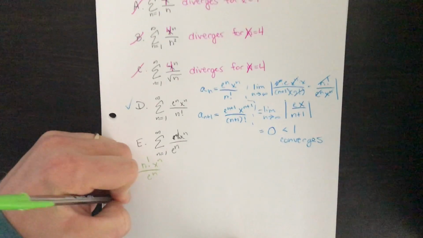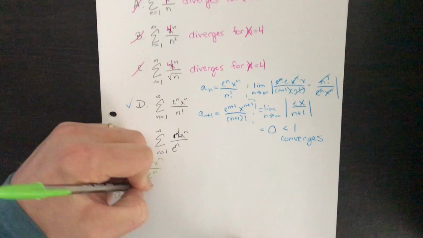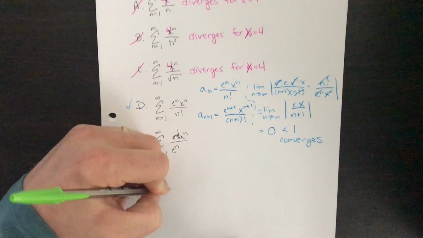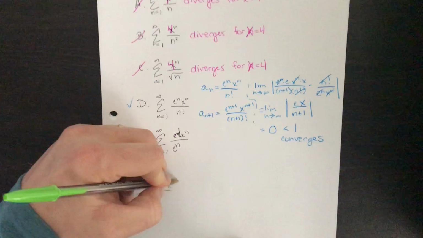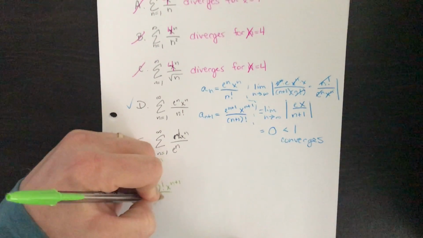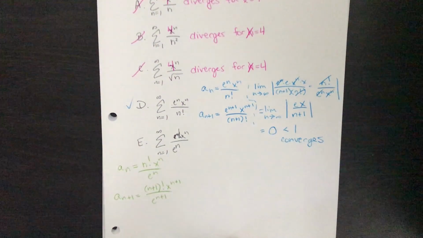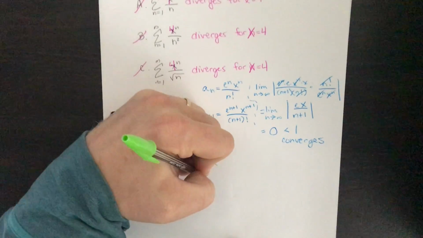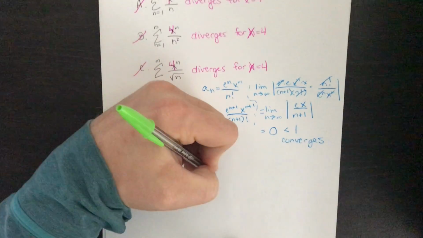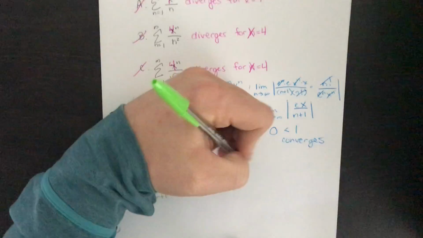A sub n and a sub n plus 1 look pretty close to each other from the previous problem, but they flipped the exponential and the factorial there. So my limit is going to have pretty much the same thing except a couple pieces flipped around.